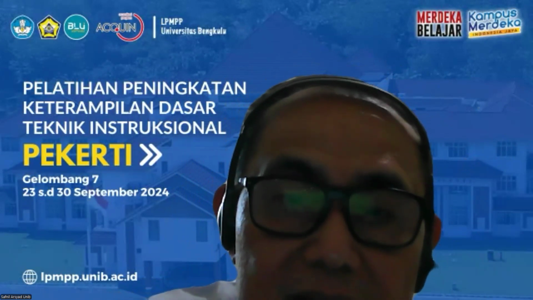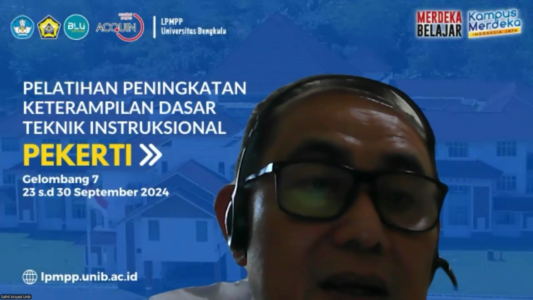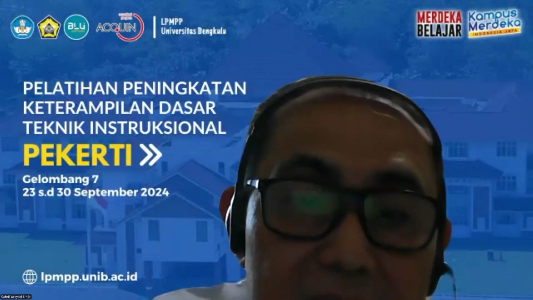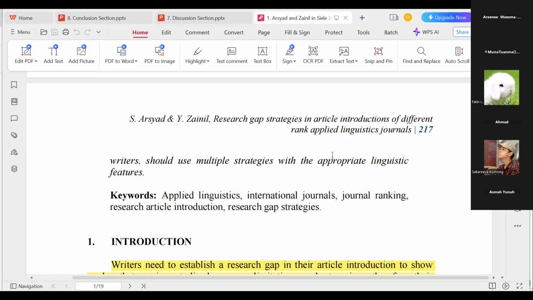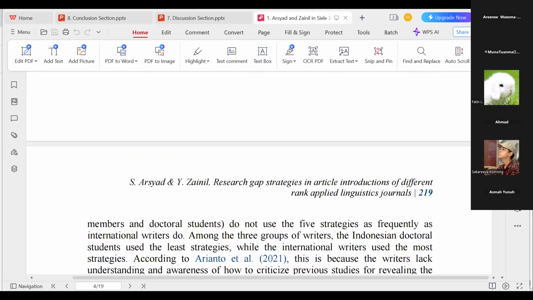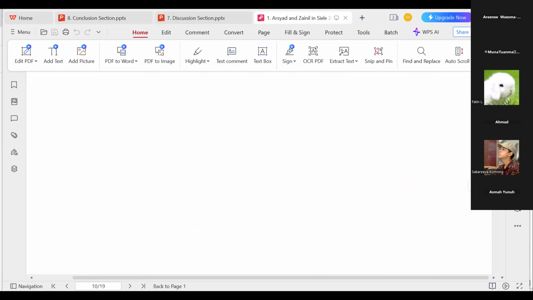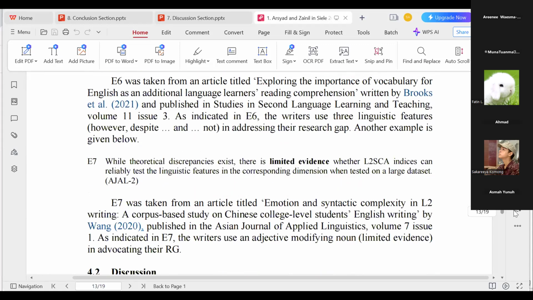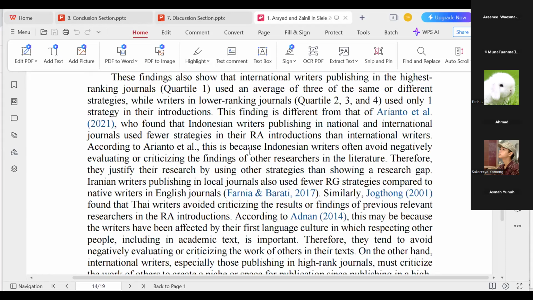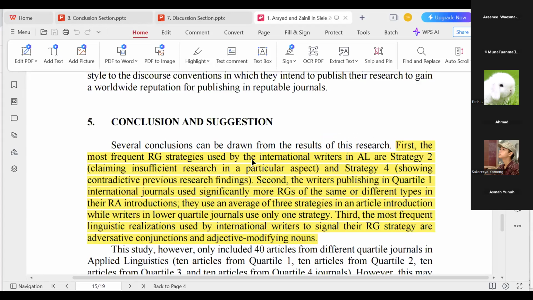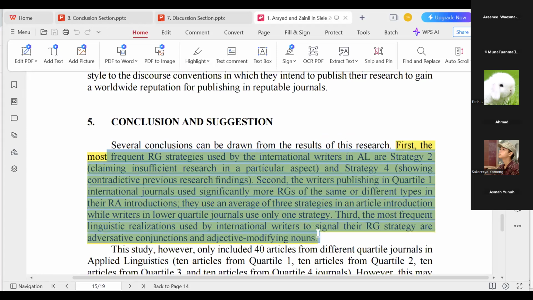Okay, this one. Let's look at the conclusion section of this article. Okay, discussion and then conclusion here. Several conclusions can be drawn from the result of this study. This is move one, the summary of the findings.